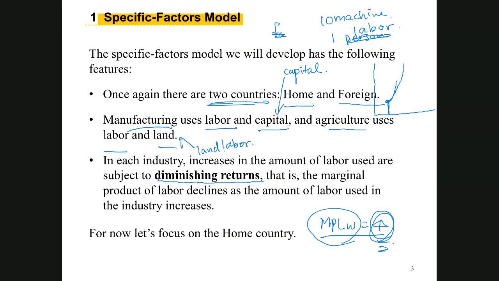But if you hire 10 people, and you still have 10 machines, now it's full capacity. If you hire another additional laborer, for example, the 11th laborer, what do you think about the productivity of the whole factory? Decrease? Or marginal, hold on. So what decreases?